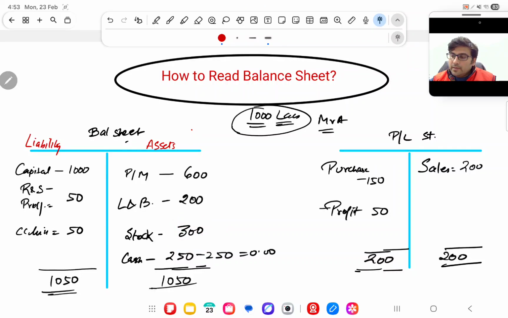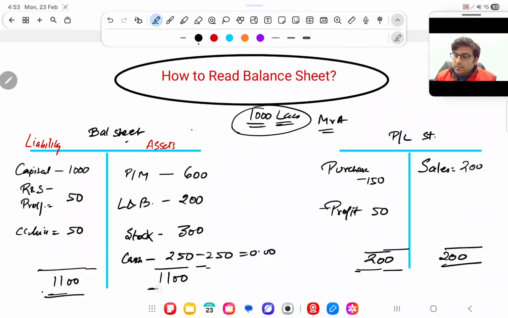Now again you will see that both sides of the balance sheet are again matched. You can just check it. It is 1100 on this side, and again on this side it is 1100. Every transaction is having two effects. Now let us continue this example.